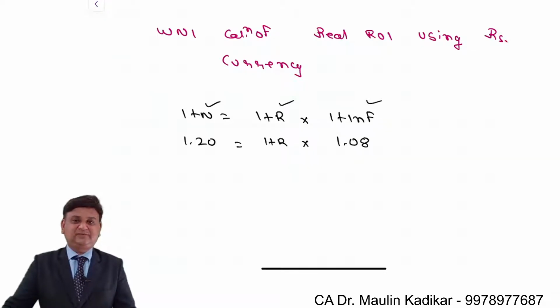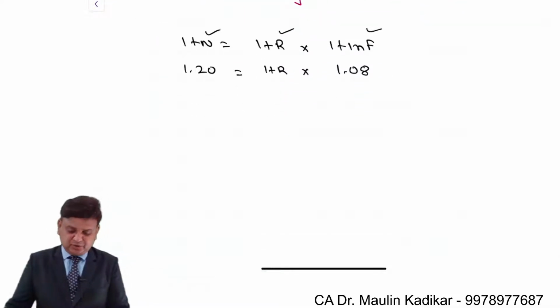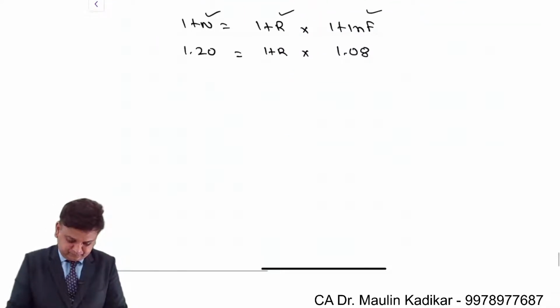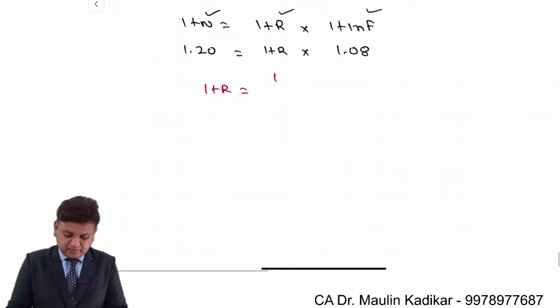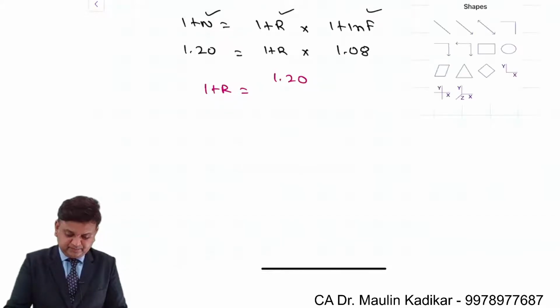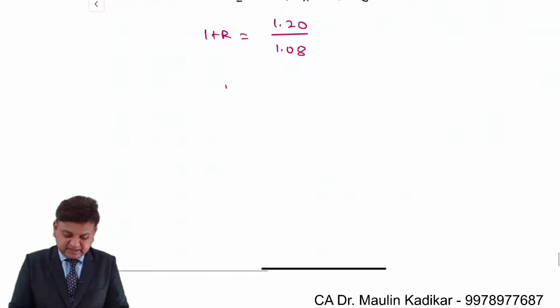Please take down the answer. So over here, proceeding further, 1 plus R is equal to 1.20 divided by 1.08. Then the real rate of interest is 1.20 divided by 1.08.